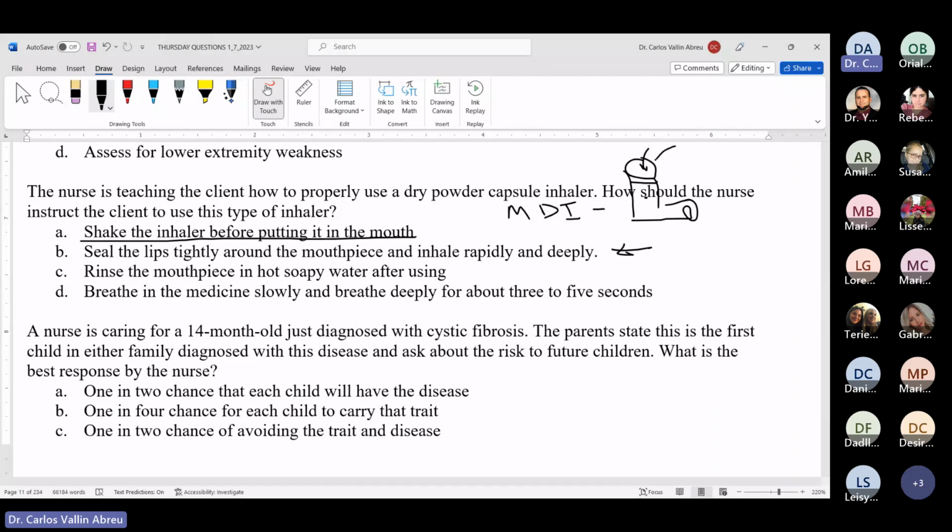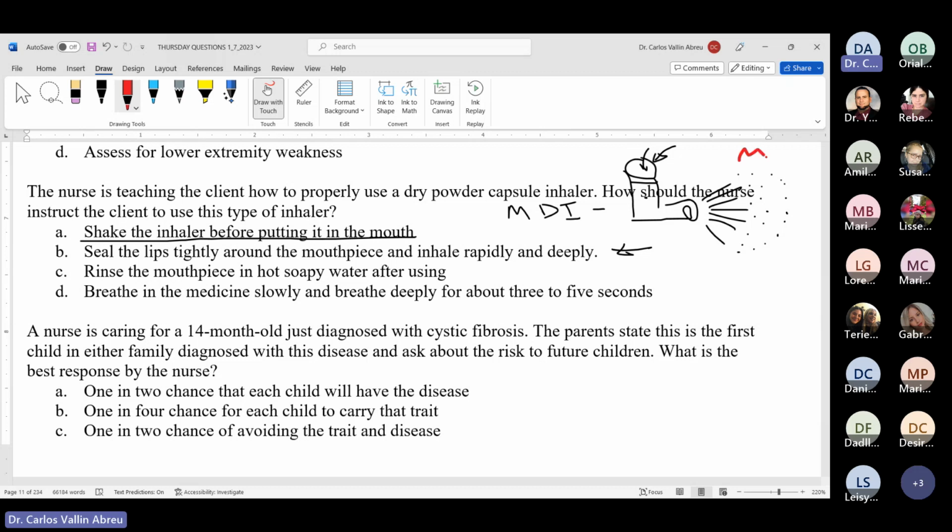When you push the canister, the gas produces a nebulization. The liquid is forced and forms little teeny particles like a cloud. And then the mouth of the client needs to be open.